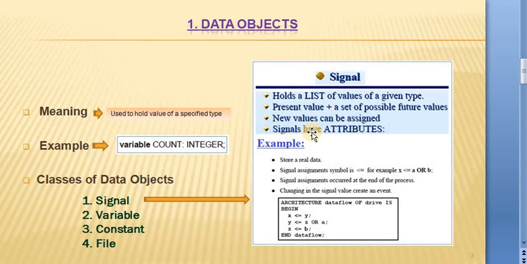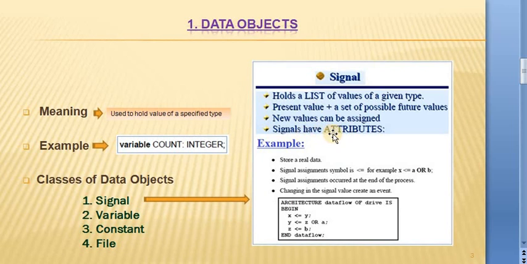Now another important feature of signal is that it has attributes. What that means is it allows the user to extract additional information from an object which is inside the code.